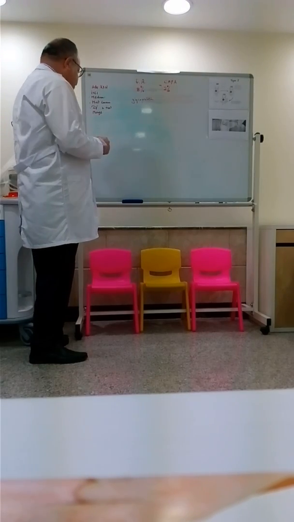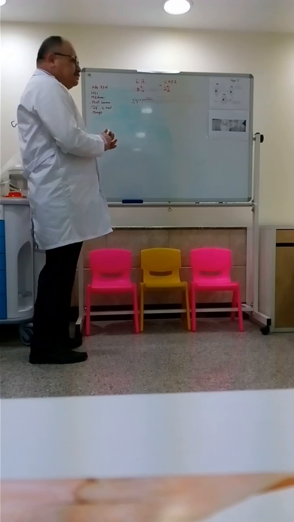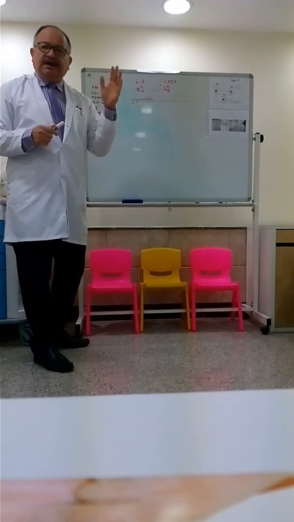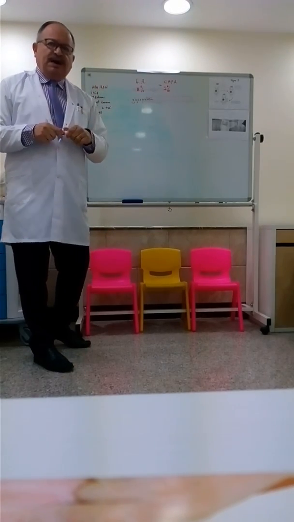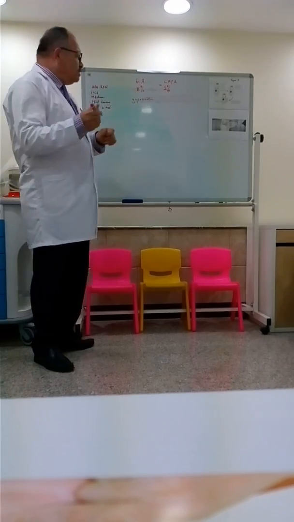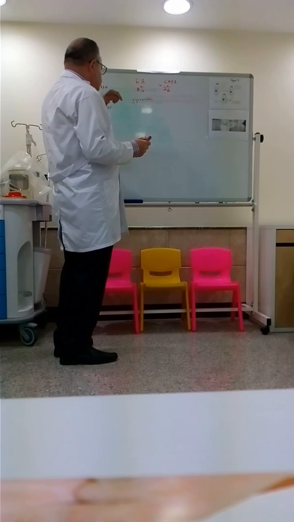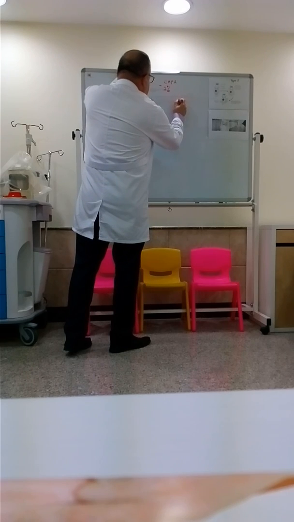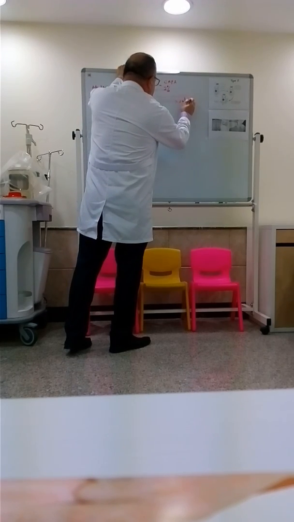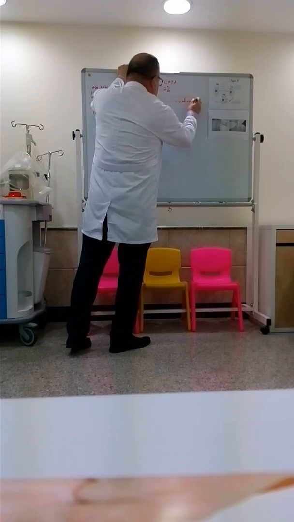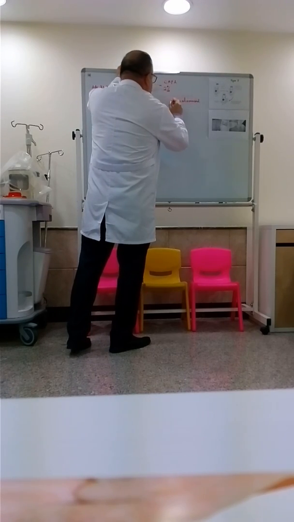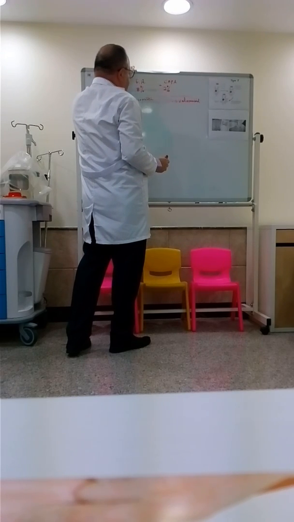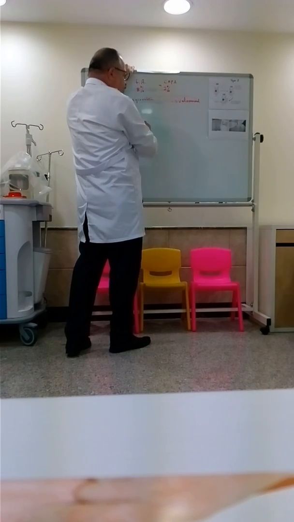It's a glycoprotein in eggs, in both egg white and egg yolk, but egg white contains more. What is allergenic in eggs is called ovalomucoid. This is a glycoprotein.